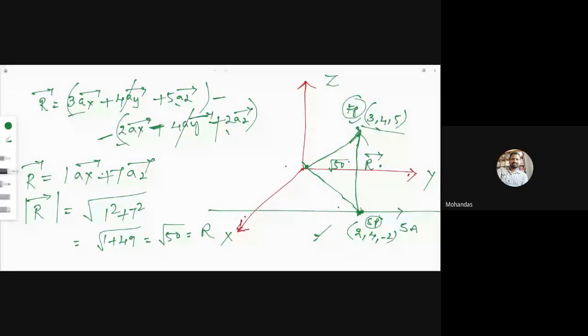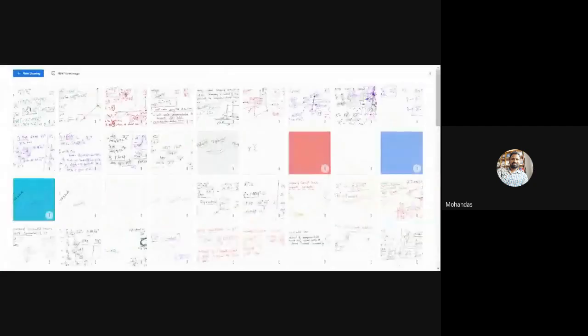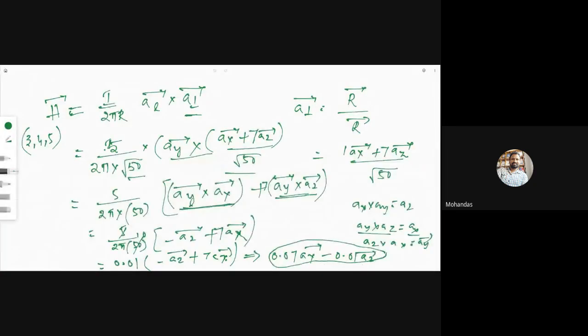After that, note down this problem in your notebook. Next, last one will be this. This is the answer. At the field point, the magnetic field intensity will be 0.07 AX minus 0.01 AZ.